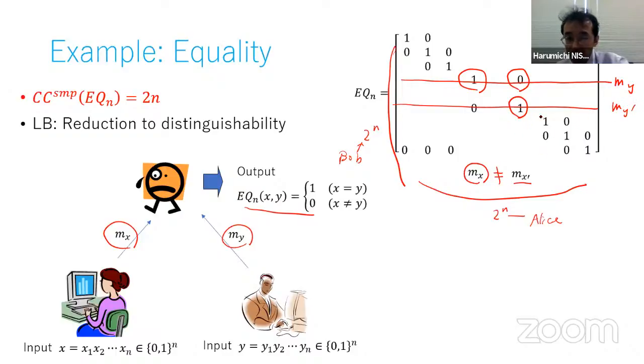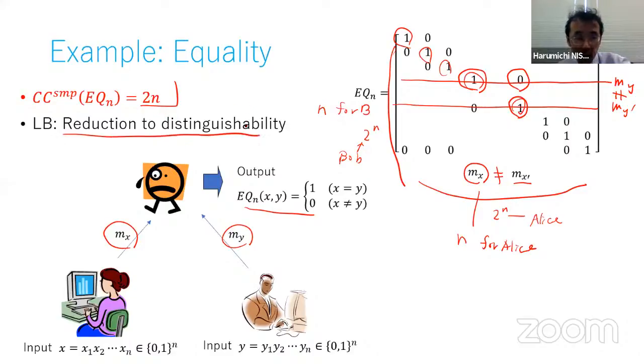Similarly, this must be not equal. So for every pair, m_x and m_y must be different. So the length needed is at least n for Alice and also n for Bob. So 2n is also a lower bound. So basically, the lower bound reduces to distinguishability of inputs.